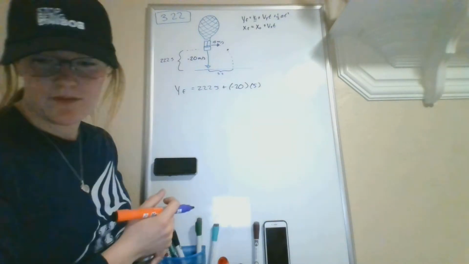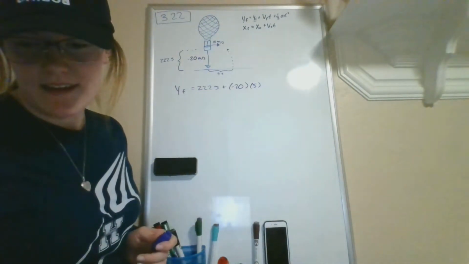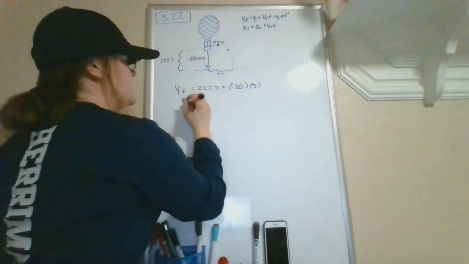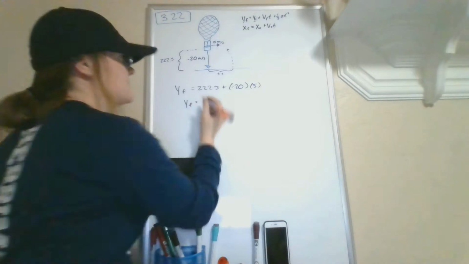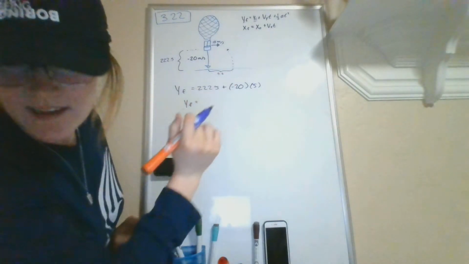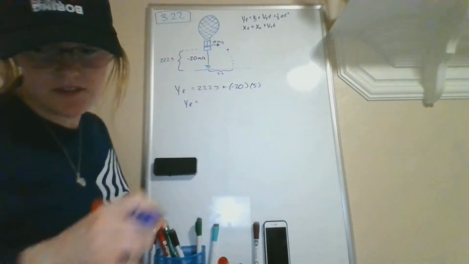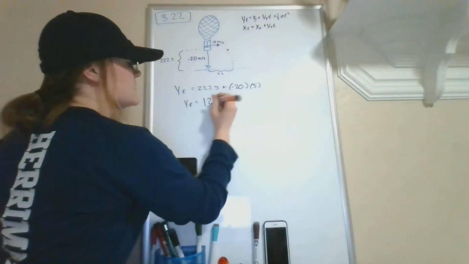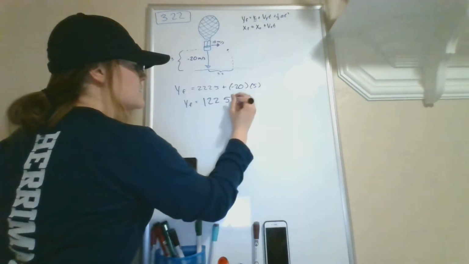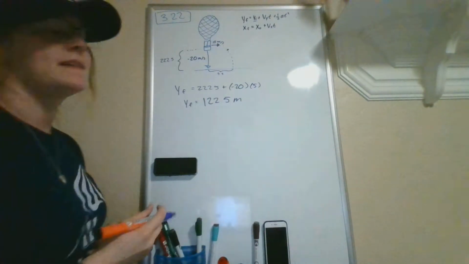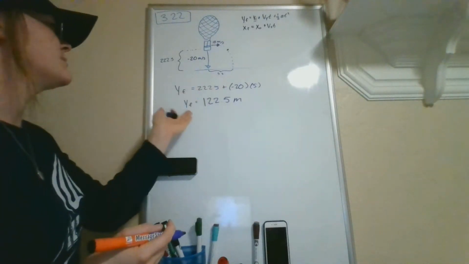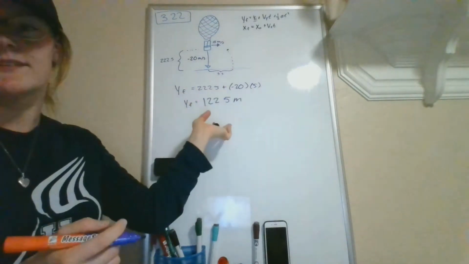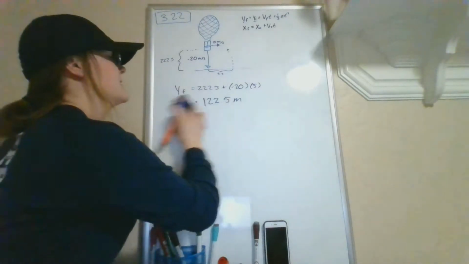Okay, and then we solve, and we get that the final position of y when the rock hits the ground is 122.5 meters. So when the rock hits the ground, the balloon is 122.5 meters in the air.